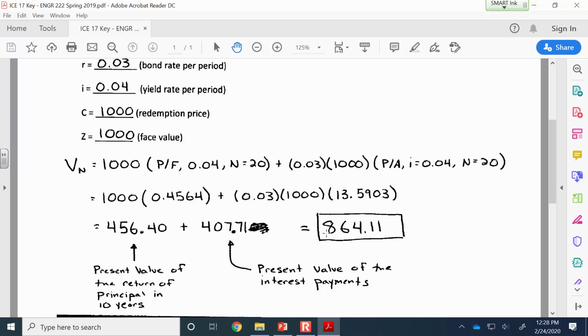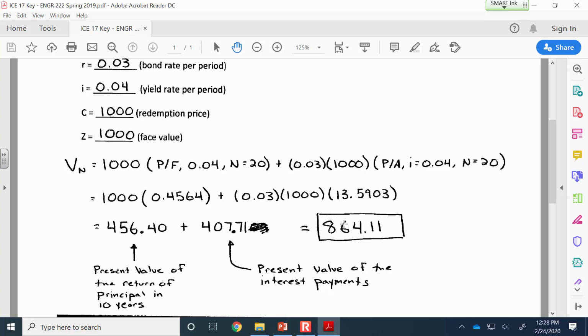Well, you get the 3% from the company, and then the rest is because you're paying a low amount for a big lump sum in the future. So it's kind of like the difference between the yield and the rate is paid by the person you're buying it from. If you're buying it from someone at less than what they paid, 1,000, you're only paying 864, then your return is going to be better than theirs would have been.